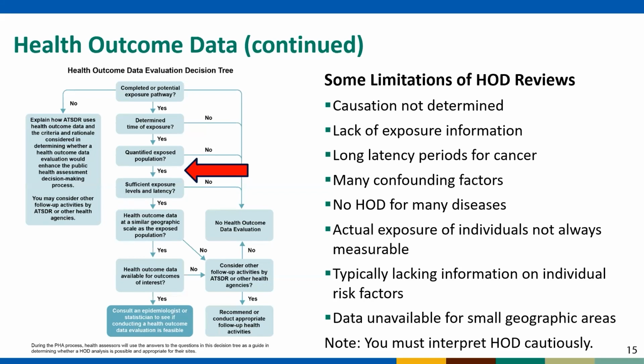Some of these include causation is not determined, lack of exposure information, long latency periods for cancer and other chronic diseases, the many confounding factors, no health outcome databases for many diseases, actual exposure of individuals may not be measured. Typically, there is no information on individual risk factors, and data are unavailable for small geographic areas. I will show you an example of this last limitation on the next slide.